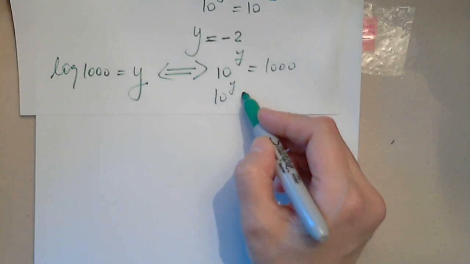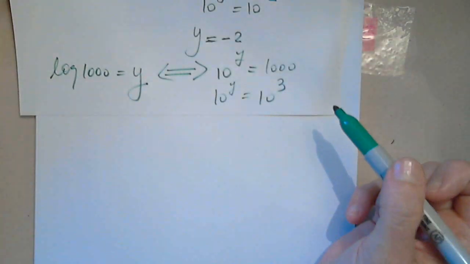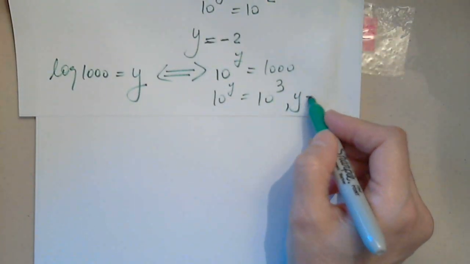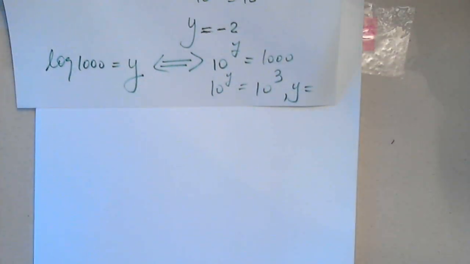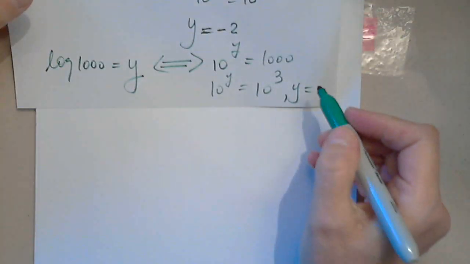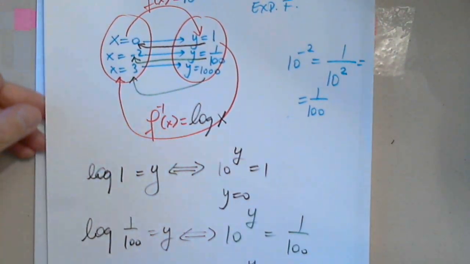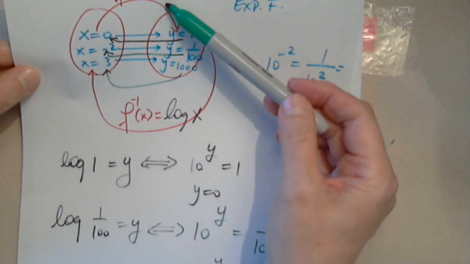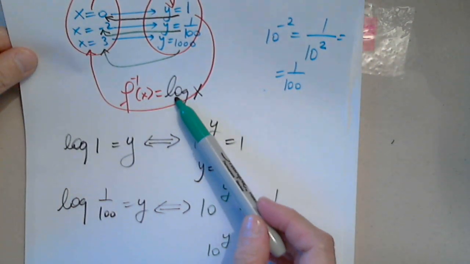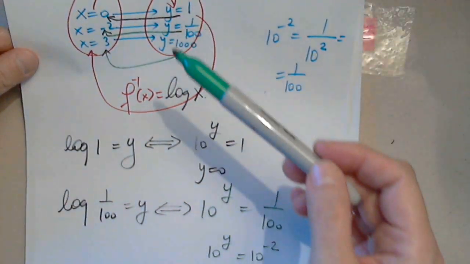But 10 to y equals 10 to the third. So what is the only option possible for y? Just one. There is nothing else. So now we do know that 10 to the x and common log x are inverses of each other.